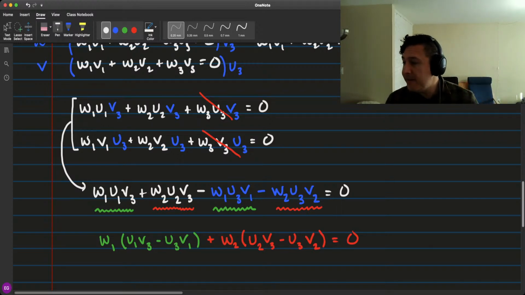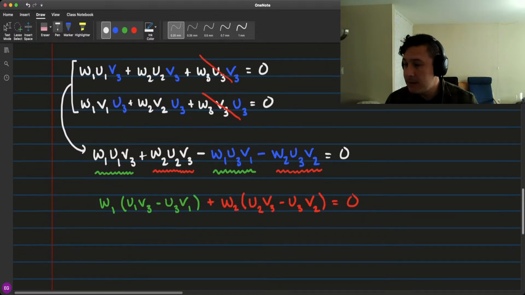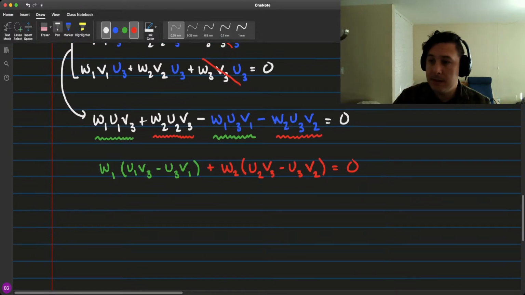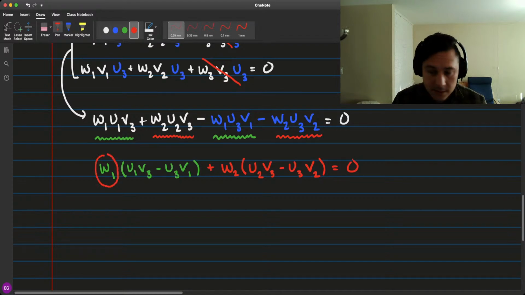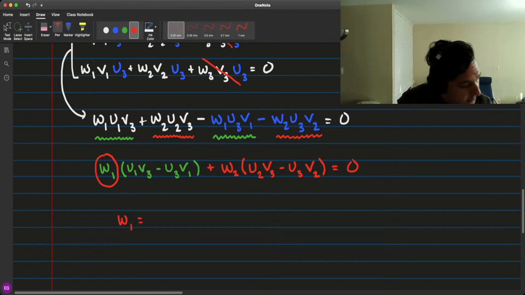Now, the only way for this to be equal to 0 is if W1 equals this stuff over here.